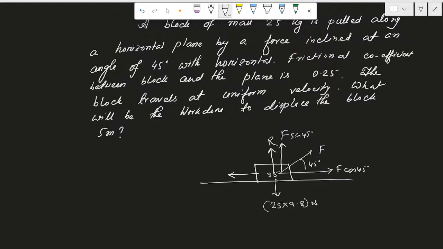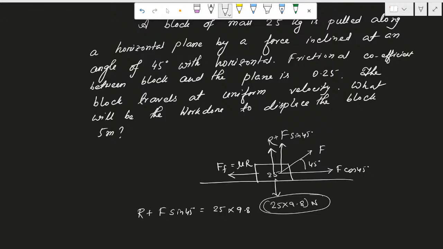The coefficient of friction is between this block and the plane, so the friction F of F equals mu into R. Actually here R is not directly equal to the weight. R plus F sin 45 is equal to 25 into 9.8.